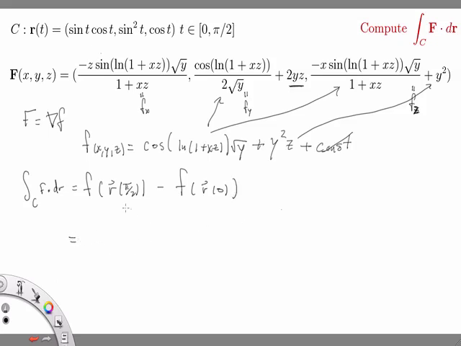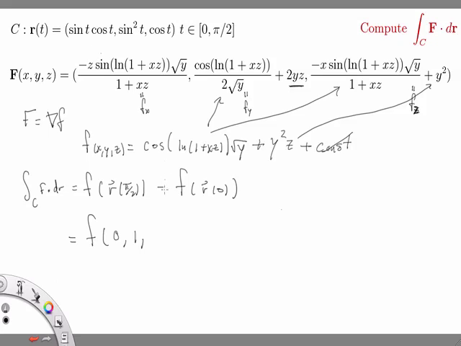And so now we see that we've done the hard work of finding the potential function, although it wasn't that hard. And then we can exploit that to really ignore most of the curve and just focus on the two endpoints. So what is r of pi over 2? Well, cosine of pi over 2 is 0, so I get 0 for the first term. Sine of pi over 2 is 1, so squared is 1.